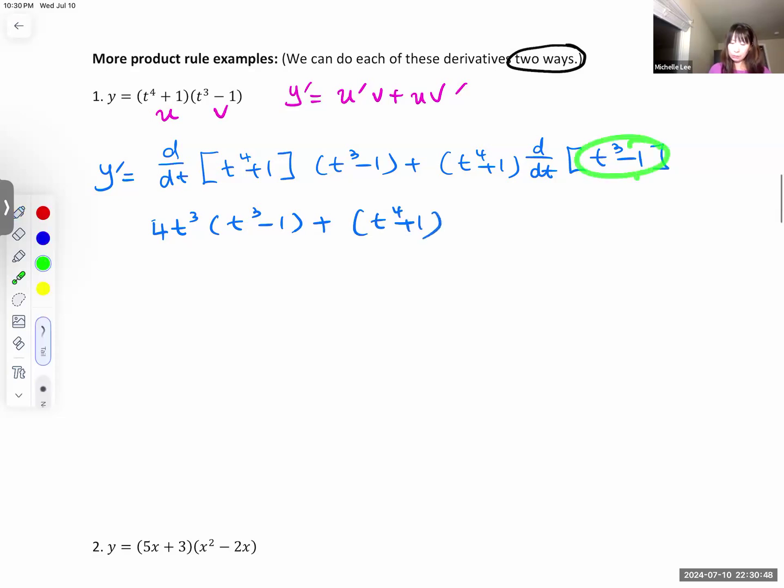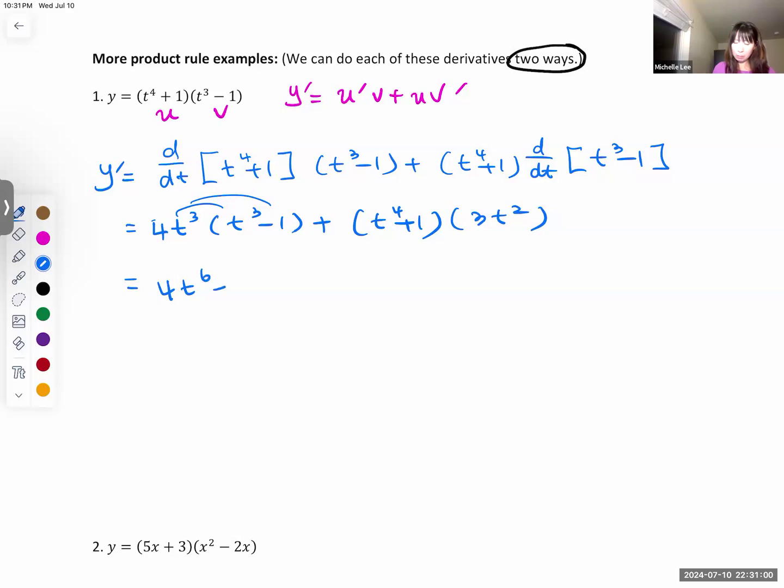We want the derivative of that. So we have 3t to the second power, right? And the second term is 0. Okay, now we distribute. We have 4t to the sixth power minus 4t to the third power plus, distributing, we have 3t to the sixth power plus 3t squared.